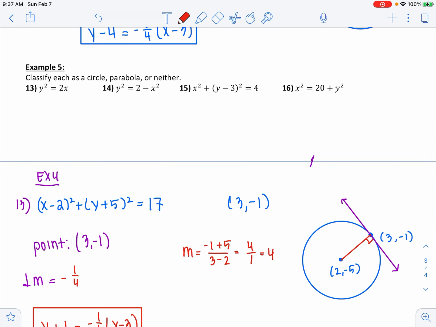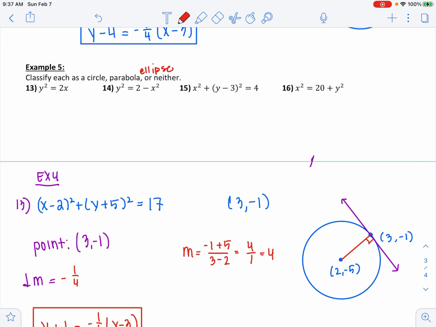Okay, last but not least, it says classify each circle as a circle, parabola, we're going to do ellipse because we learned that already, or neither. All right, so let's remind ourselves of how we tell the difference. A parabola, if you look at it, has two variables, x and y, where one of them is squared.